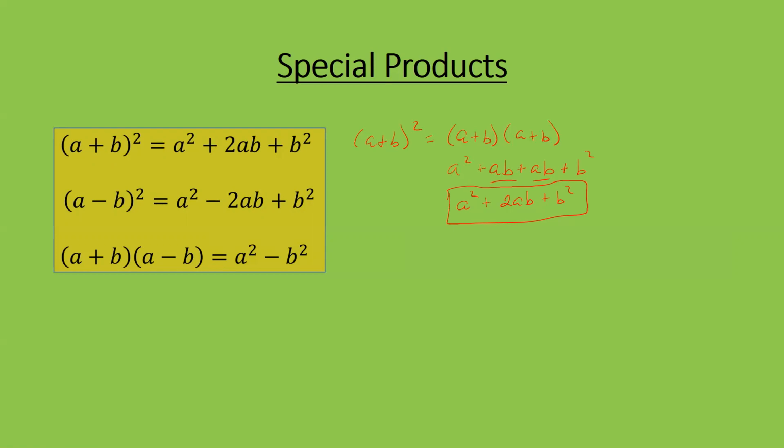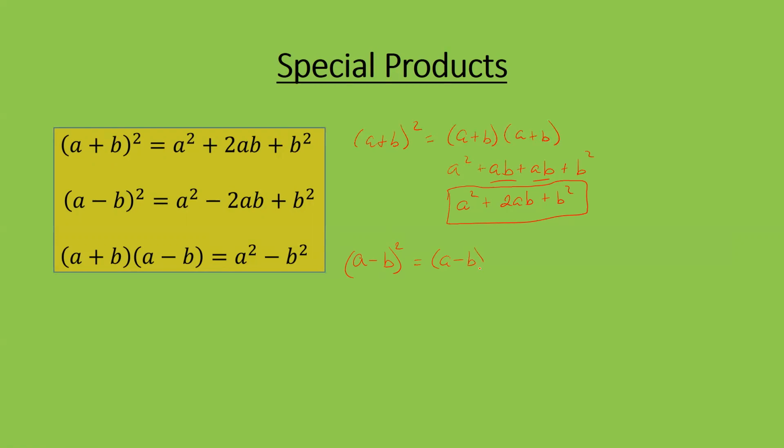Since I already explained why the first formula is the way it is, I might as well go through the other 2. If we think of (a minus b) squared, it's kind of the same deal.